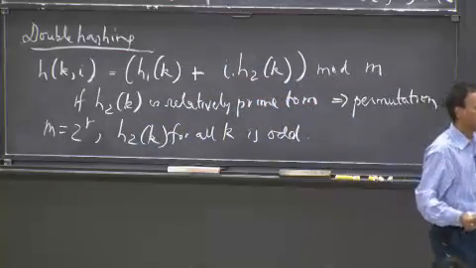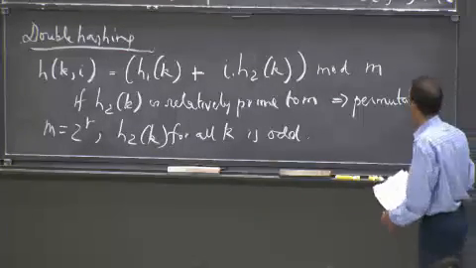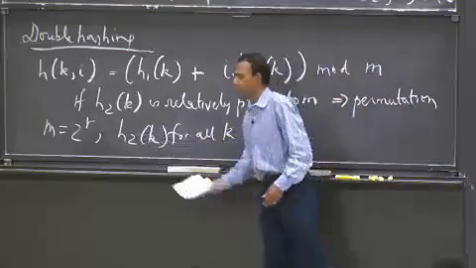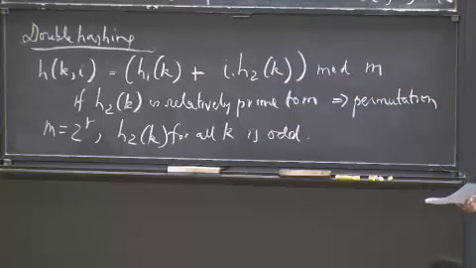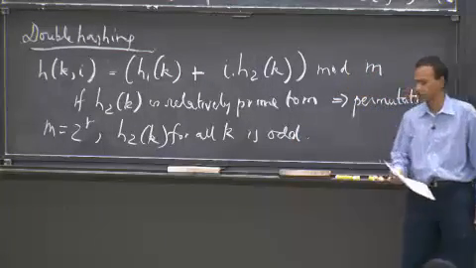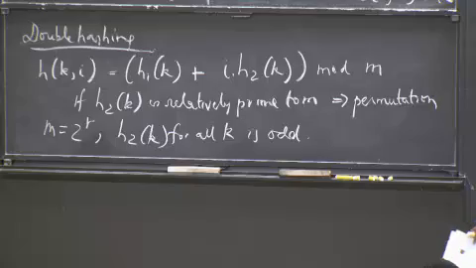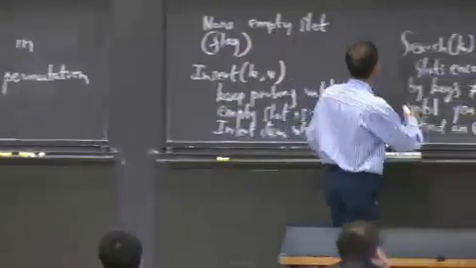You can have your array be 2 raised to something, which is what you really want, and you just choose your h2(k). You can even take a regular hash function and truncate it to make sure it's odd. You can do a bunch of things. There's hash functions that produce odd values, and you can use that. All right? And so double hashing works fairly well in practice.